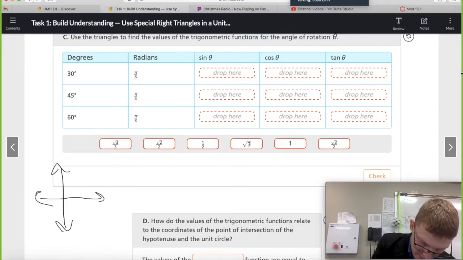We'll start with 30. So that's 30. That's 60. So we got 1. So my relationship is 1, 2, square root of 3.